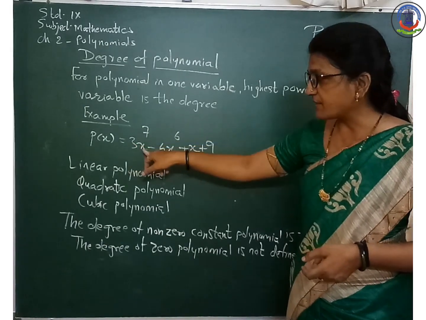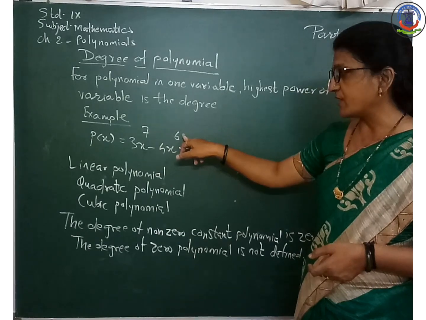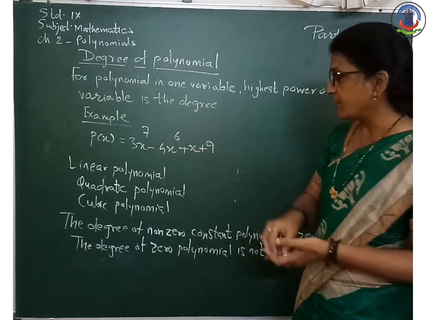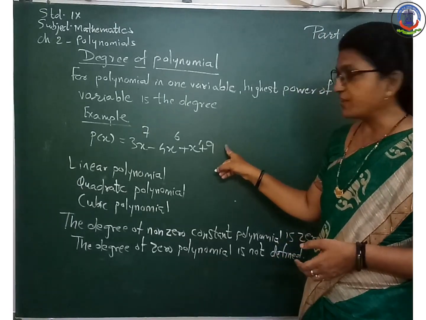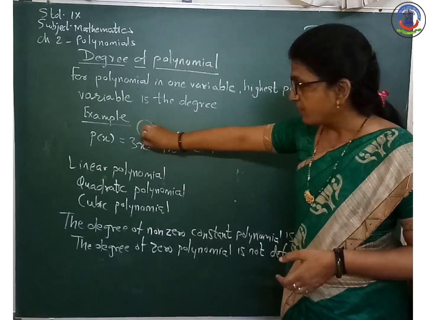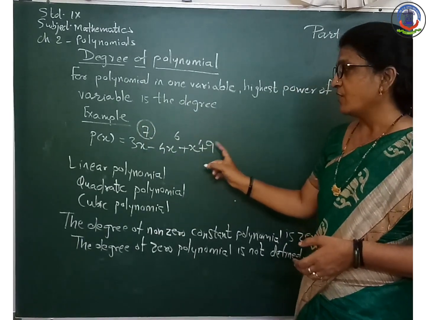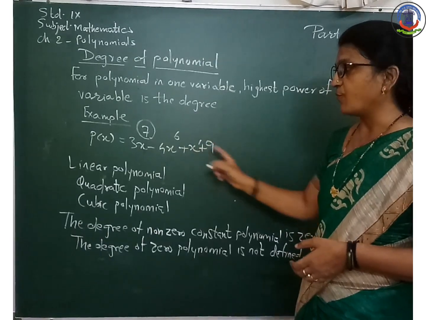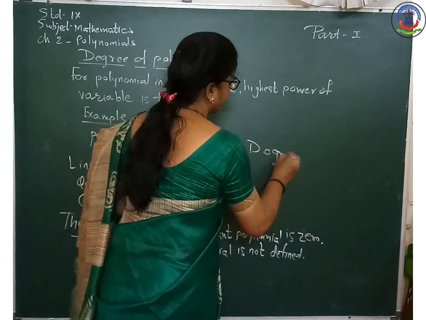For 3x raised to 7, the power is 7. For 4x raised to 6, the power is 6. For x, the power is 1, and for the constant 9, the power is x raised to 0. So the highest power is 7, and the highest power is known as the degree of the polynomial. For this given example, a polynomial over x, the degree is 7.